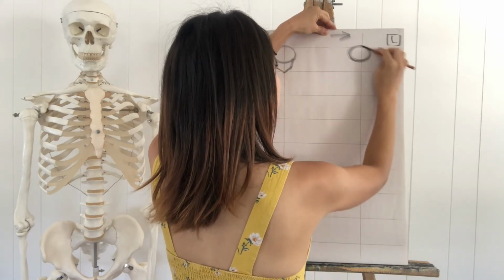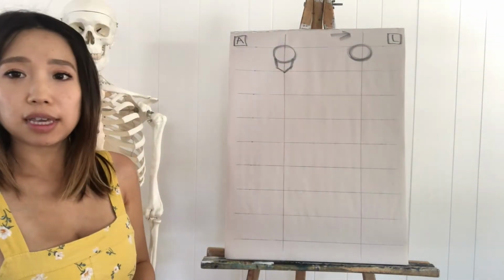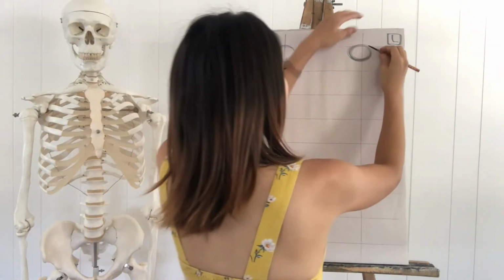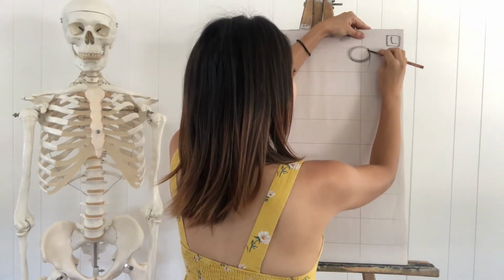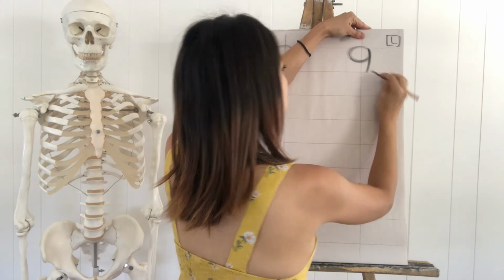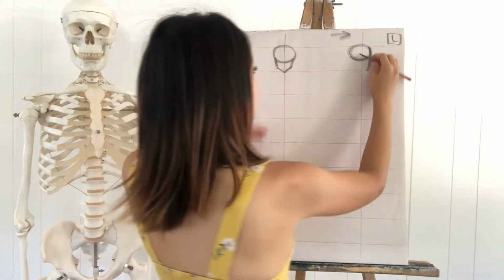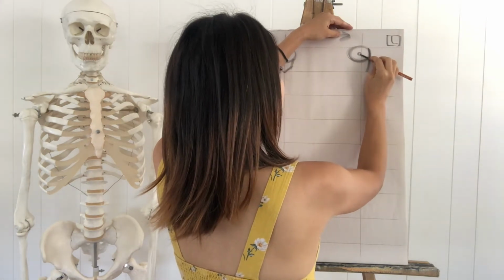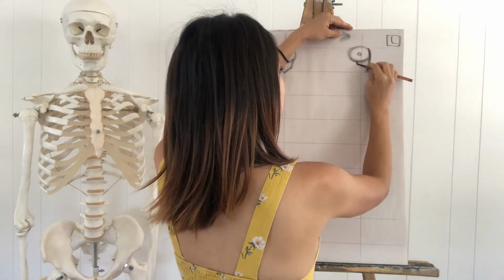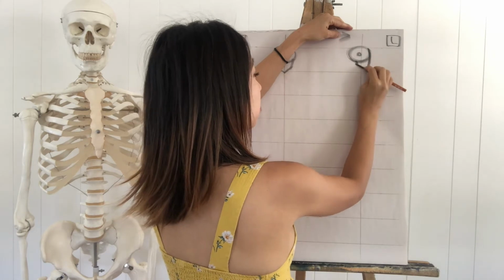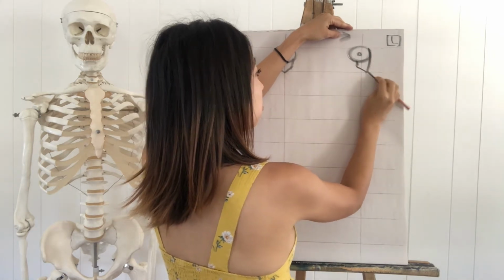You're gonna start with the cranium, just like I'm doing right here. And what you can do is create the facial line, the frontal curve of the face, and create the jawline that comes from the middle of the cranium going down this way.